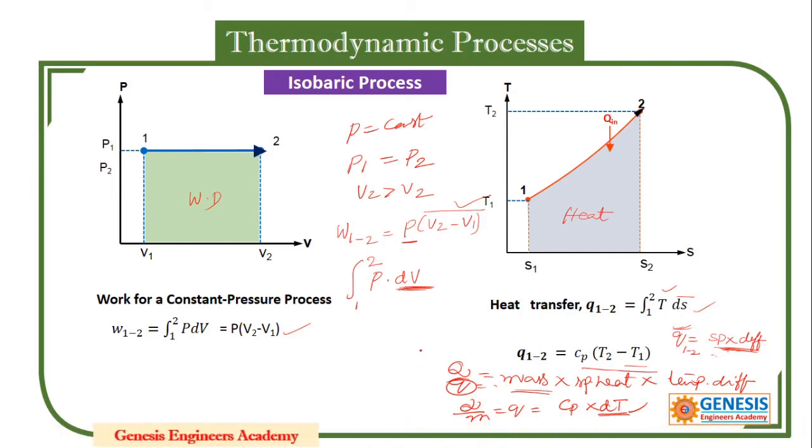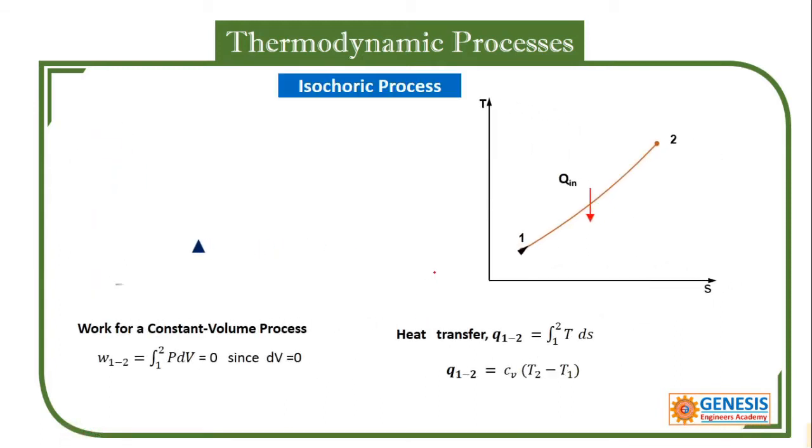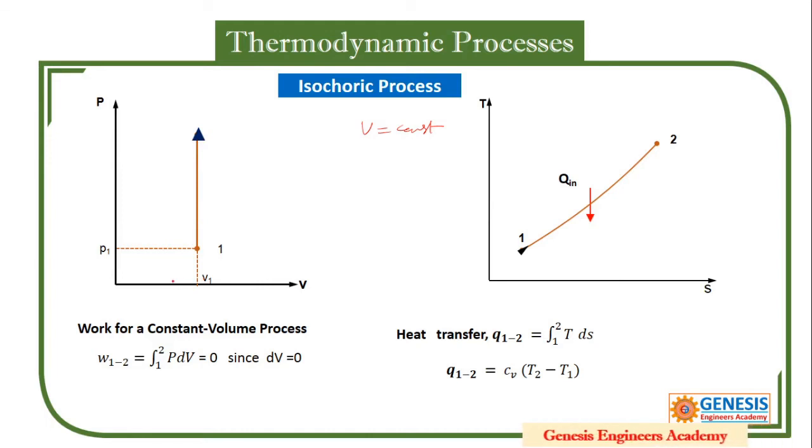So next, the process is the isochoric process. In this, volume is constant. So at state 1, pressure P1, volume V1.